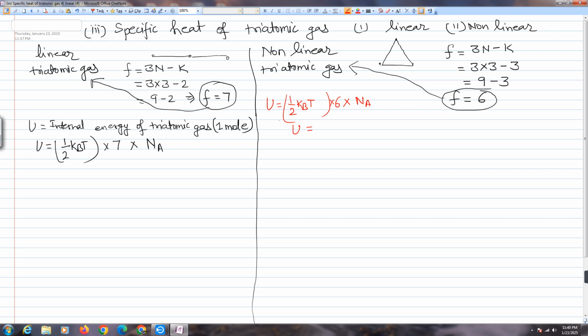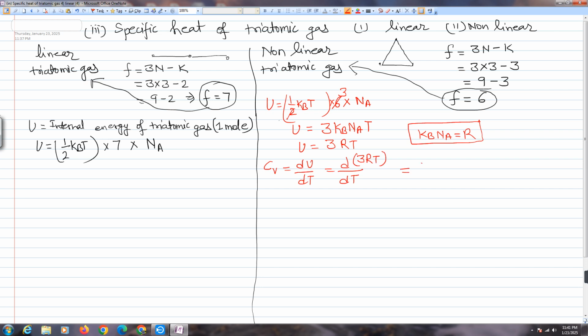So here the value of U comes out 3 kB Na multiplied by T. U is equal to 3 RT, because kB multiplied by Na is equal to R, which is the universal gas constant, and after that we have to find the value of Cv. Cv is equal to dU upon dT, and we can write it like this: d by dT of U, and how much is U? 3 RT.